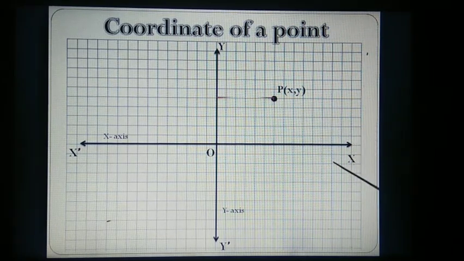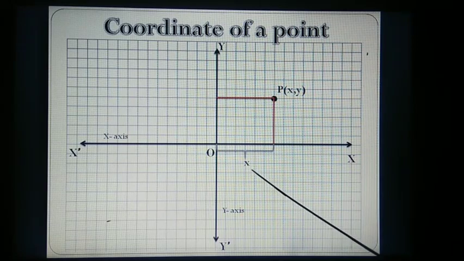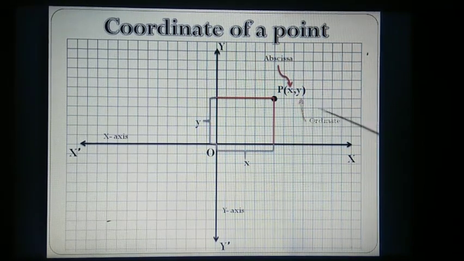So if I draw two lines like this, from here to here it will be X, and from here to here is Y. So that's what we have learned, and we call this X the abscissa and we call this Y the ordinate.